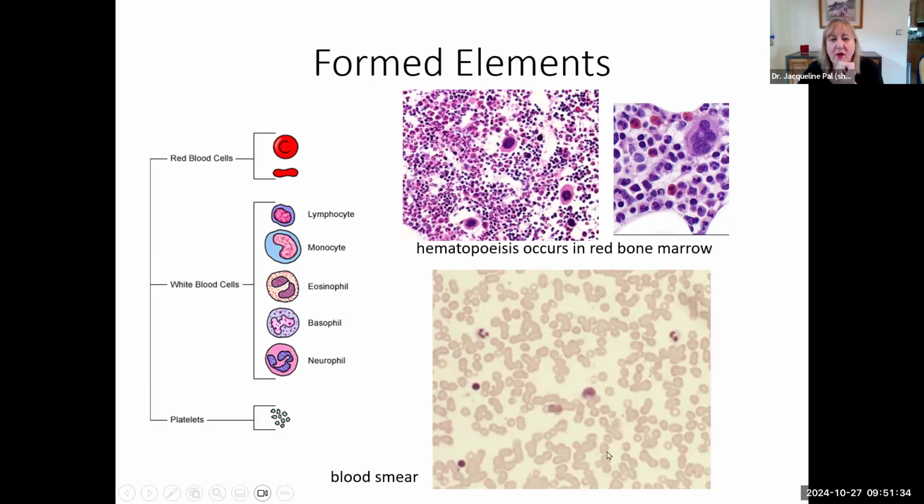All of these other bigger cells, which are just slightly smaller than the white blood cells, those are all red blood cells. So notice in your blood, red blood cells don't have a nucleus. They lost the nucleus that they had when they were in your bone marrow. They lost it by the time they were in your blood, which means they're in the process of dying. They can't undergo mitosis in your blood.